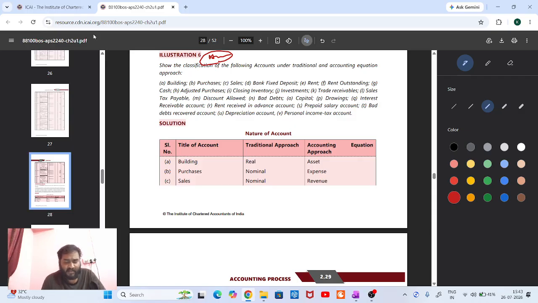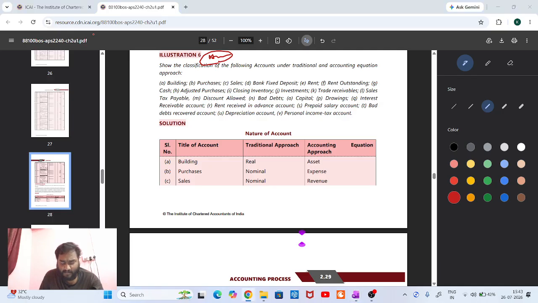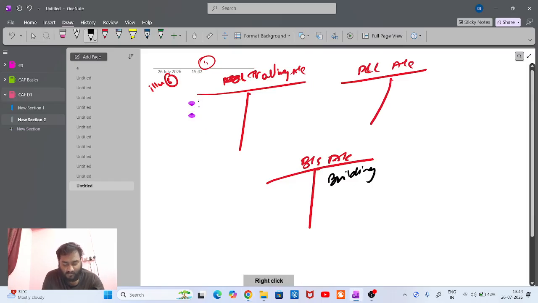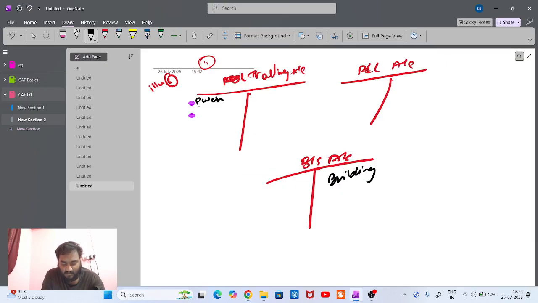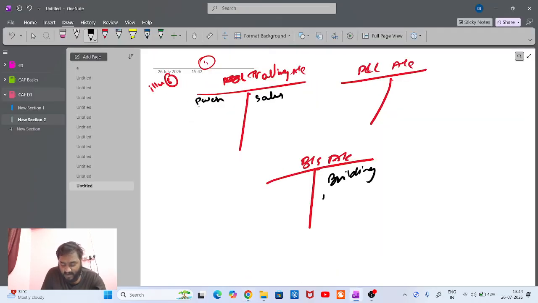Okay. Building. What is building? Building is an asset. Purchases. Sales. Bank FD. Remember, everything that is related to bank is a personal account.